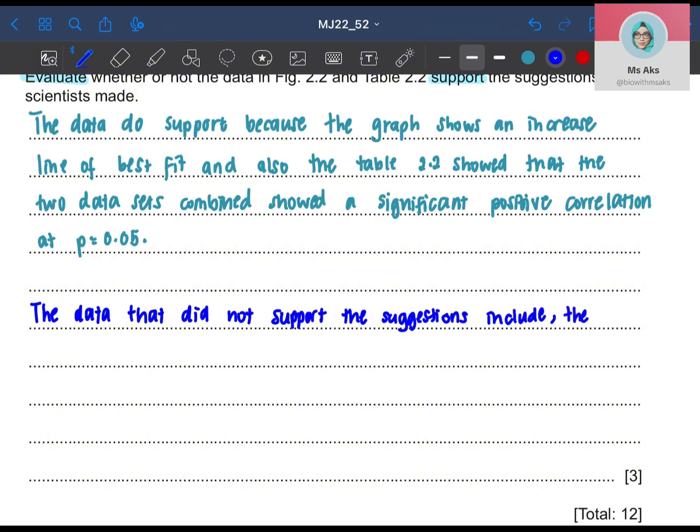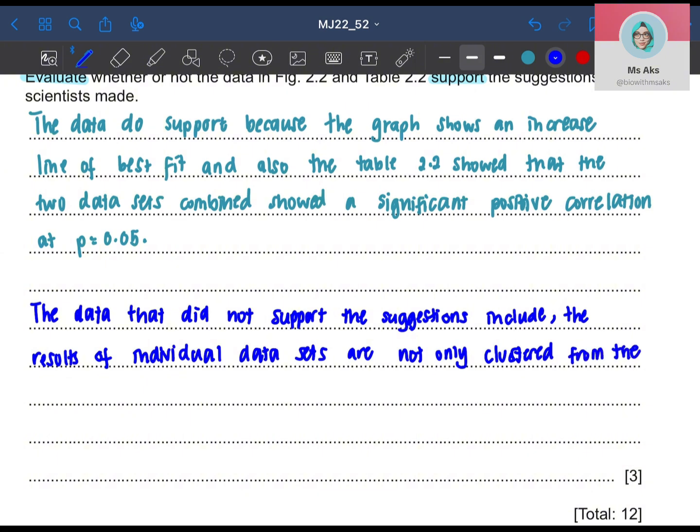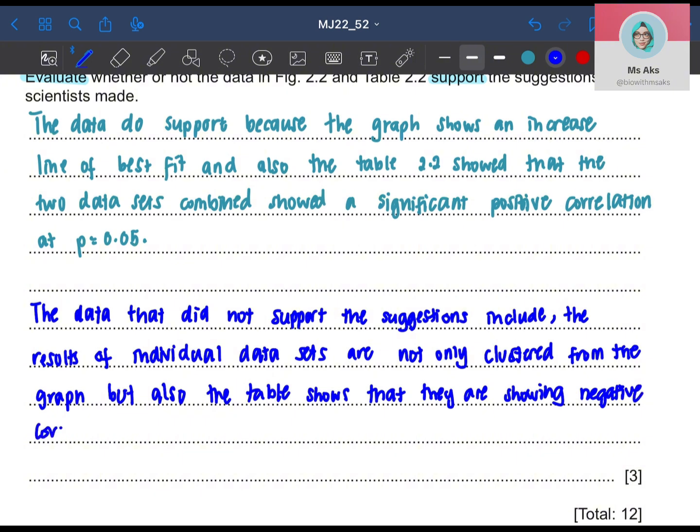Number 1, they're clustered from the graph, but also negative instead of positive correlation, although it's not significant.